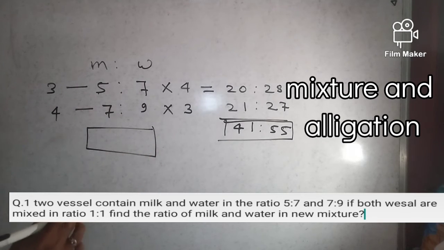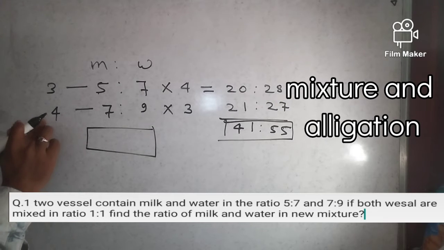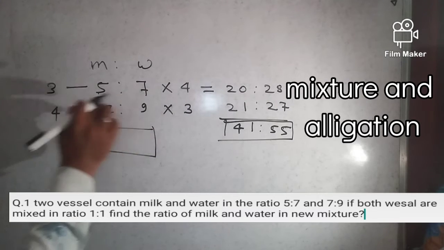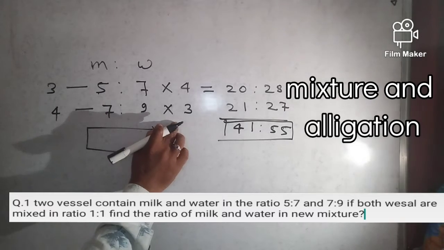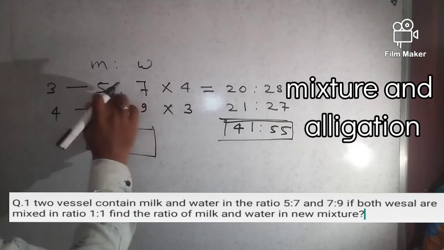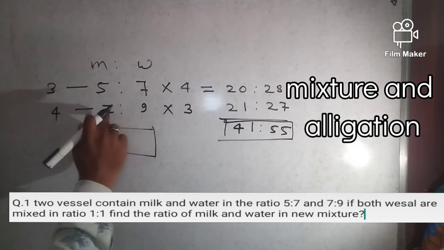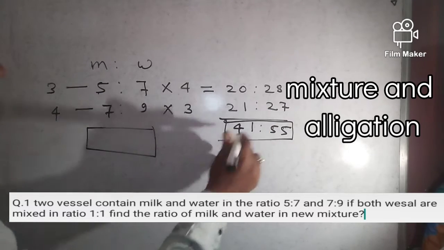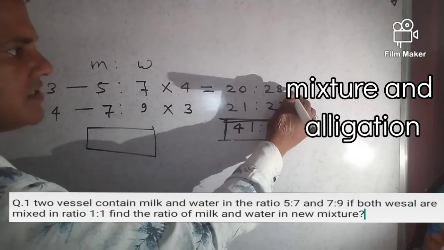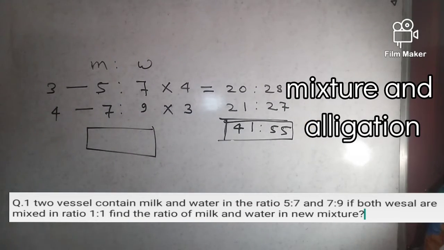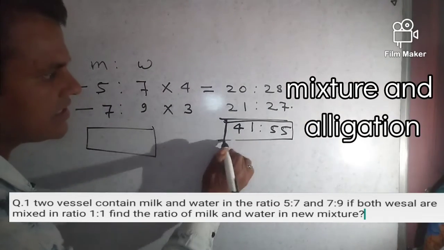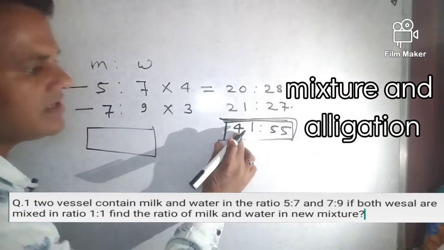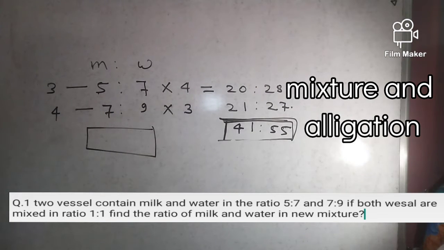To make them equal, we have to multiply by 4 above and by 3 below. So 5 times 4 is 20 and 7 times 4 is 28, 7 times 3 is 21 and 9 times 3 is 27. So for the new mixture, combining the first and second containers, the new container will be 41:55. Let's move to the next question.